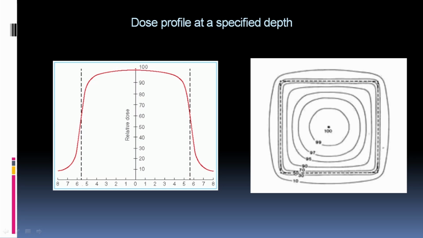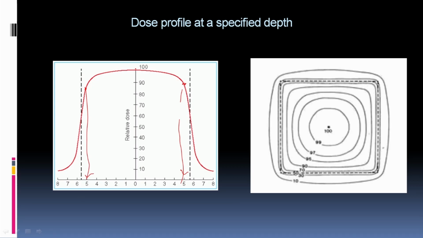If this is 5 centimeter and this is 5 centimeter, this is a 10 by 10 centimeter field size dose profile, and you can see that it is 90% at 5 centimeter.